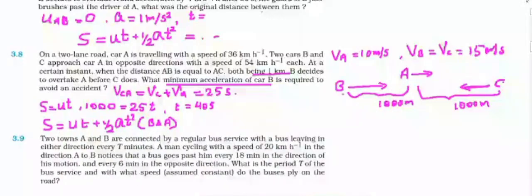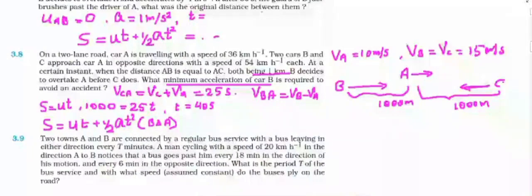Relative distance between B and A is 1000 meter. Their relative velocity, they are traveling in the same direction. Therefore, the velocity of B with respect to A, you have VB minus VA. So you will get the answer around 5. So here value of U you have to substitute 5.